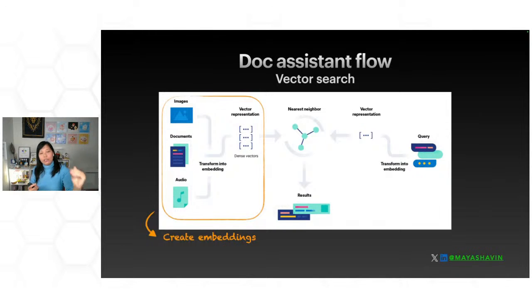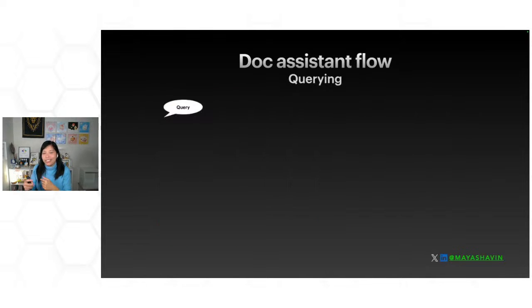From the document, it goes to the embedding LLM service and is transformed into vector representations. Each vector representation stands for a chunk. Then when we have the chunks, we can put them into the search database and it's ready for the smart search to perform vector search on top of it in the second flow, called querying.